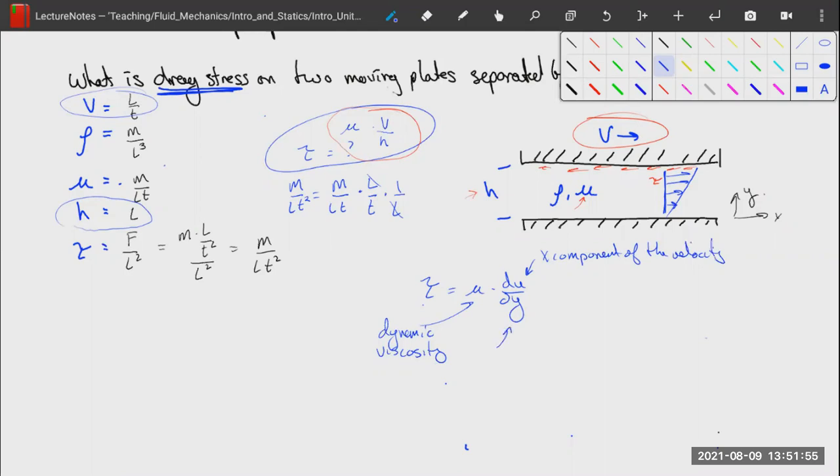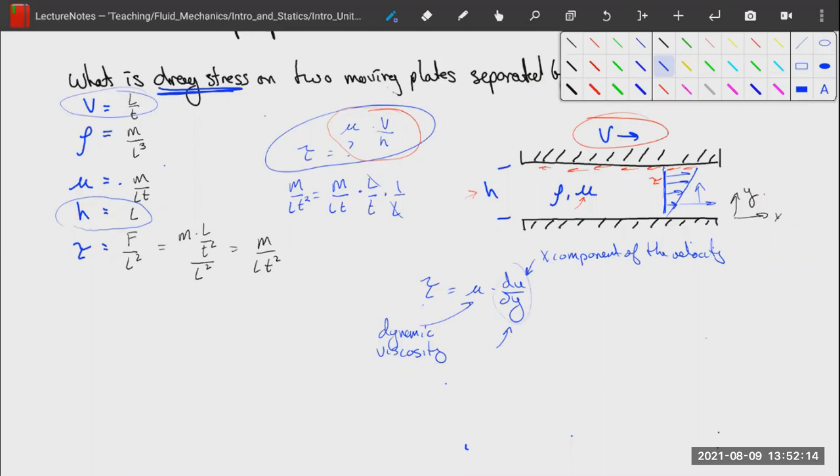So what we care about with this derivative is, how does the x component of the velocity change in the y direction, right? So as we move up, is there a change in the x component of the velocity? And there is. It increases as we move up, right? So this would be a positive quantity here, right?